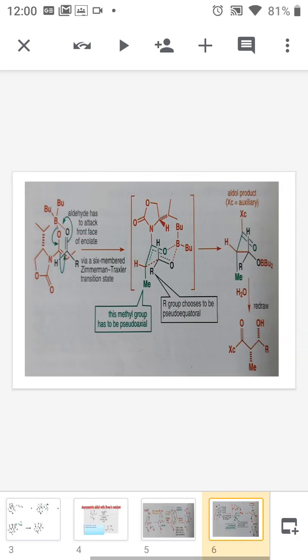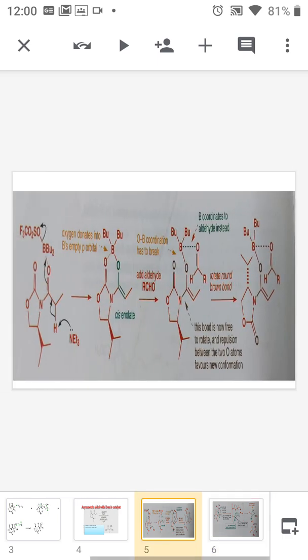This is mainly because, in order to avoid steric hindrance between the three oxygen atoms on boron, one in the carbonyl of the chiral auxiliary, another in the enolate, and the last from the aldehyde, the chiral auxiliary will turn back.